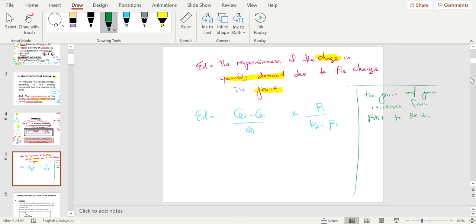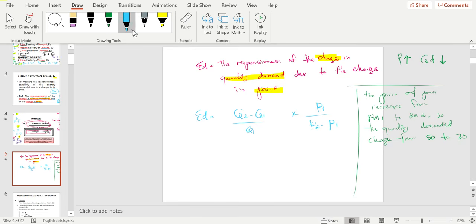Okay, so the quantity demand changes from 50 to 30. Because the price increases, the law of demand says that if the price of the product increases, quantity demand will go down. So the price increases from 1 to 2 ringgit, the quantity demand changes from 50 to 30.